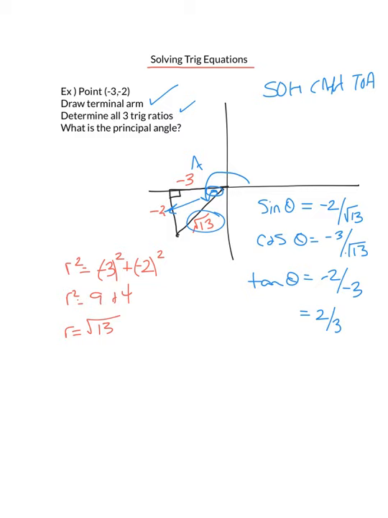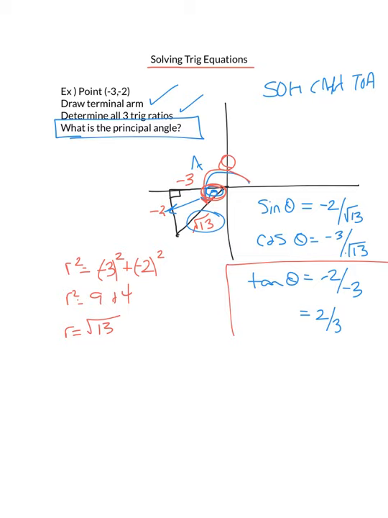And now that I've done that, I can determine what my principal angle is. So I have my theta being this big angle, but I really just want to find my principal angle, the little angle inside the triangle right there. To do that, I can use any one of these primary trig ratios. I'm just going to use tan because it's the last one that I wrote.